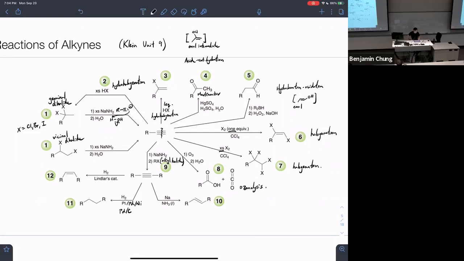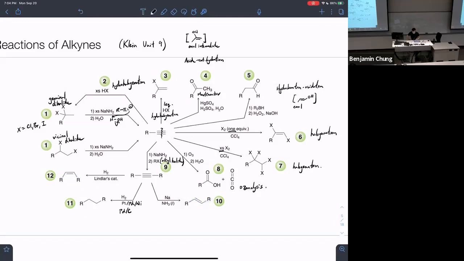The same ones for alkenes, and that would completely hydrogenate your alkyne to the saturated alkane. But we can also do partial hydrogenations, either with Lindlar's catalyst or with sodium and ammonia. And that can give you either the cis alkene or the trans alkene, depending on what reaction conditions you use.